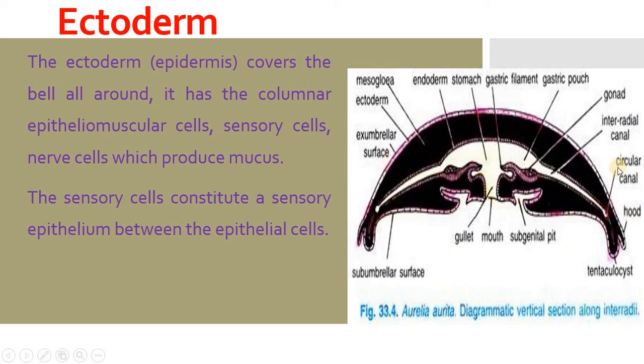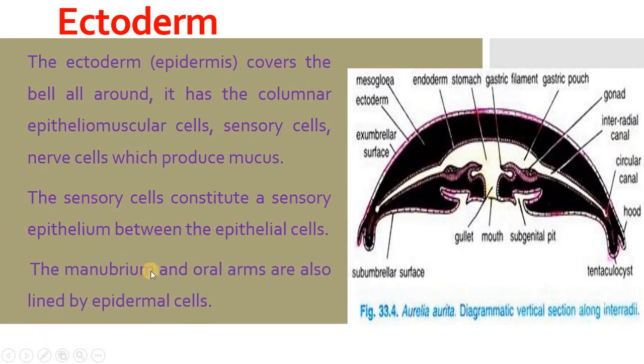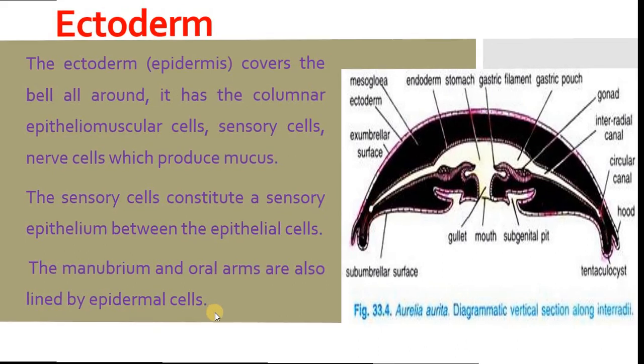Then the circular canal, hood, tentaculocyst which is a balancing organ, and the interradial canal are elaborated in the picture. The manubrium and oral arms are also lined by epidermal cells.